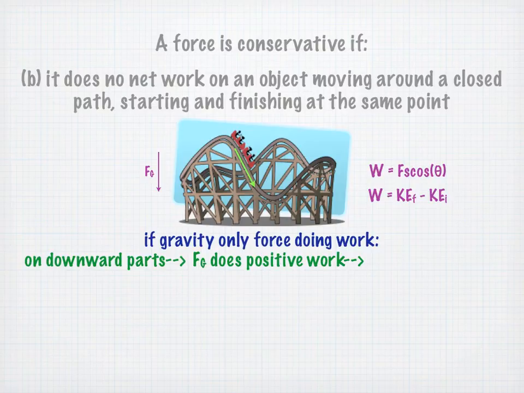If the work done is positive, that means that the final kinetic energy must be greater than the initial kinetic energy, so the kinetic energy is increasing. It follows then that on the upward parts of the roller coaster, the gravitational force is doing negative work on the cars, and the kinetic energy of the cars is decreasing.